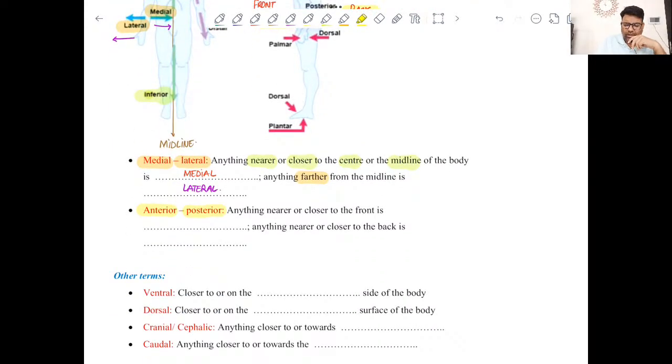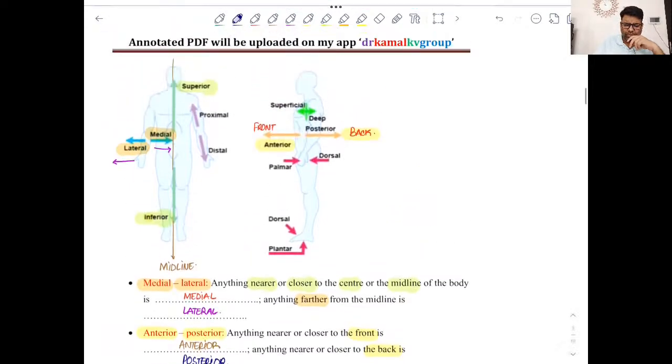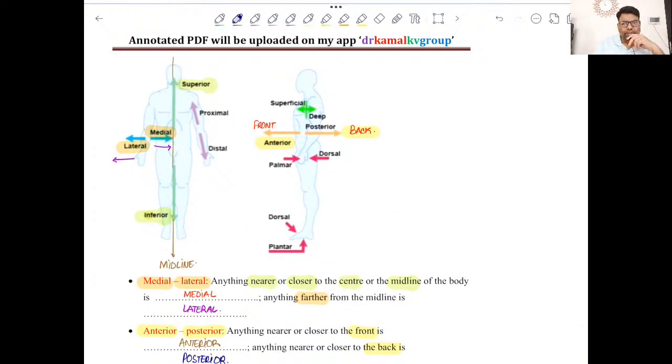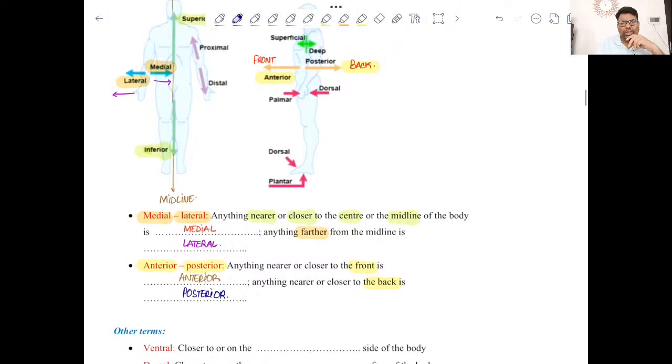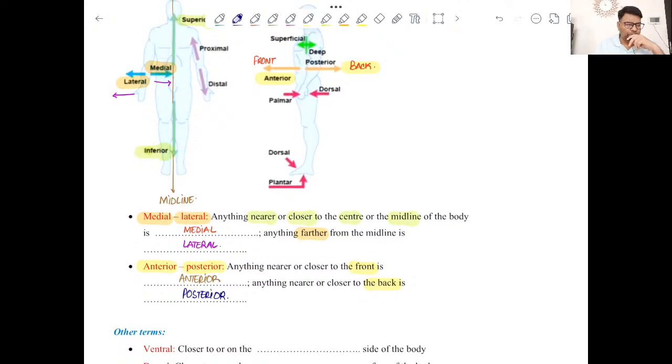So anything nearer or closer to the front is anterior, and anything nearer or closer to the back, it will be written as posterior. Clear? So anterior and posterior. So these are few terms of relativity of the location of structures: superior, inferior, medial, lateral, anterior, posterior.